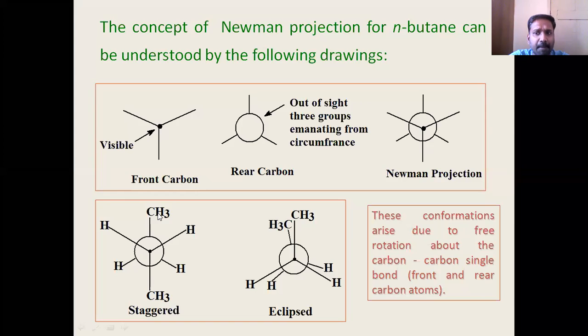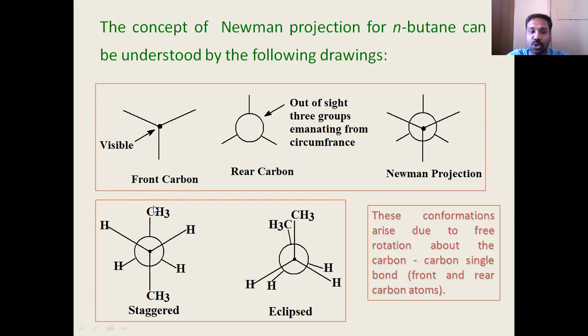Actually speaking, if you have to number this, which one gets the first numbering? Does your dot get it? No, the methyl group gets first. This is the first carbon, second carbon, the circle is the third carbon, this is the fourth carbon.